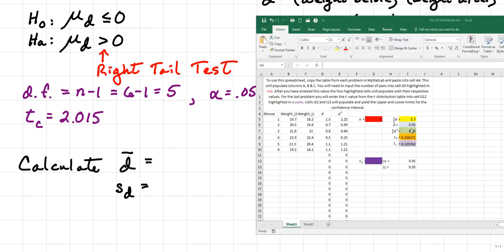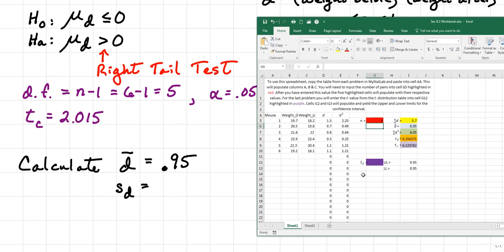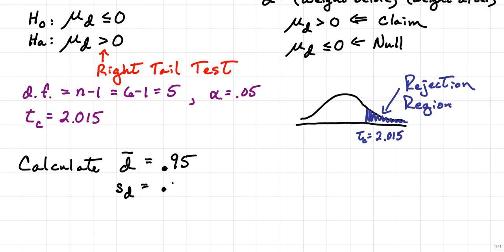So as you can see from the table, D bar is going to be 0.95, and then s sub D is going to be 0.356, and we're going to round to 3 decimal places. So that means I'll put 0.356 right here, and remember to put 0.950 right there for my D bar.